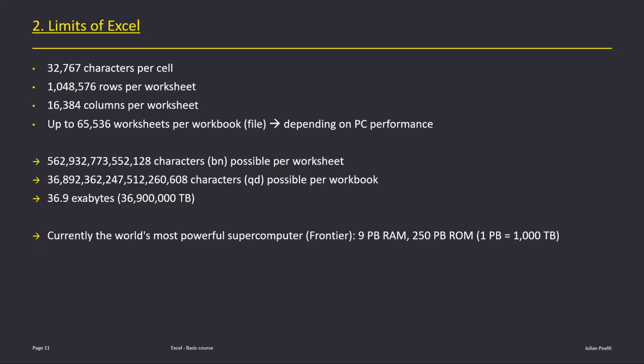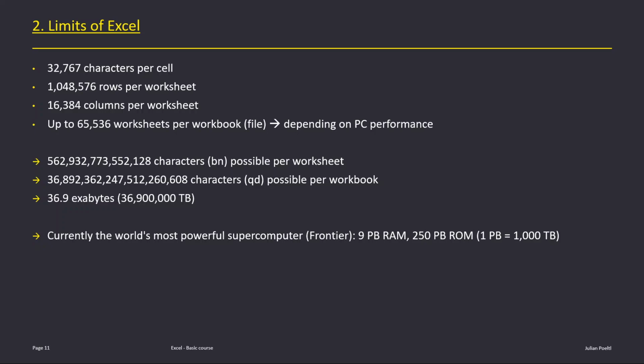You would have 562 billion characters possible per worksheet, and 37 quadrillion characters then per workbook. And if you do the math with how much space any character takes on a workbook, you would have a file size of 37 million terabyte.